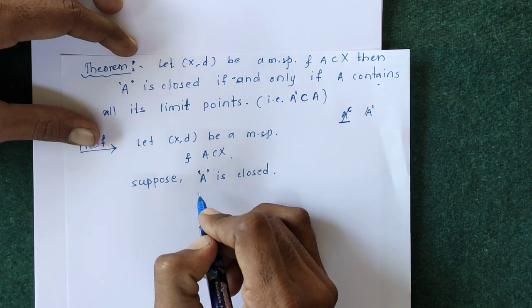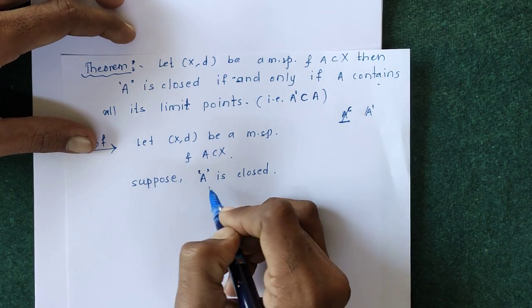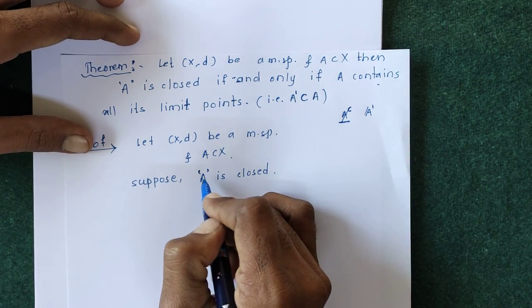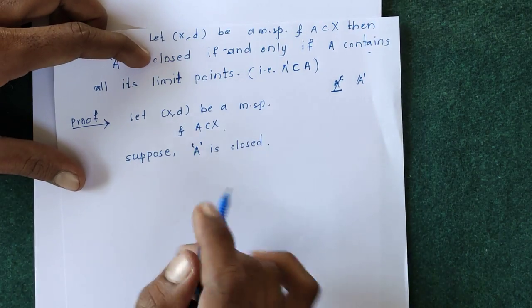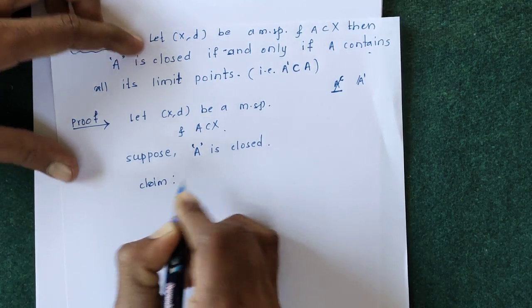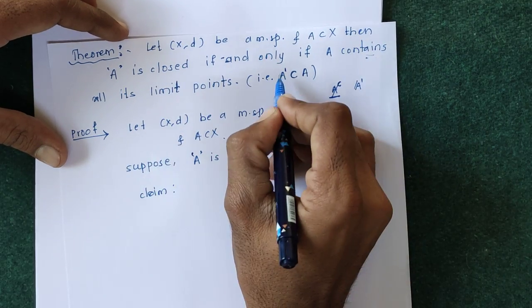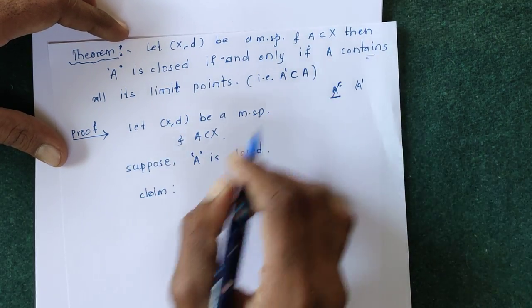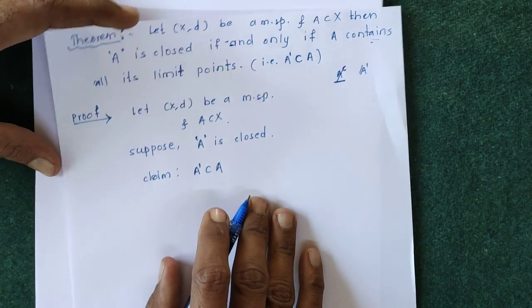A set is said to be closed if its complement is open. So A is closed means A complement is open, that is, X minus A is an open set. Now our claim is that A contains all its limit points, that is, the set of limit points is totally contained in A. So this is our claim.